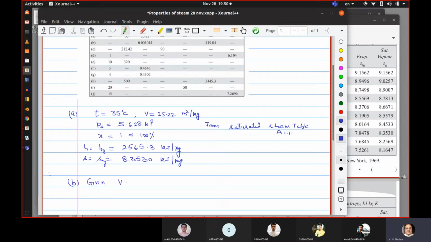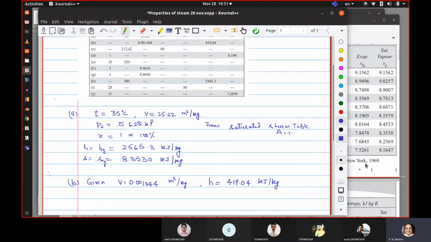The given volume is equal to 0.001044, and the unit is meter cube per kg. And the enthalpy value is 419.04 kilojoule per kg.